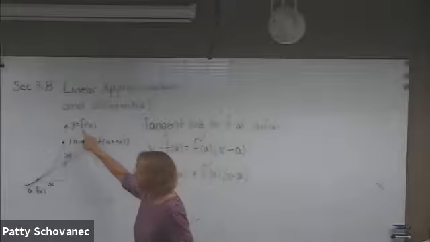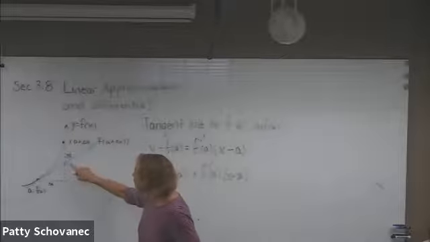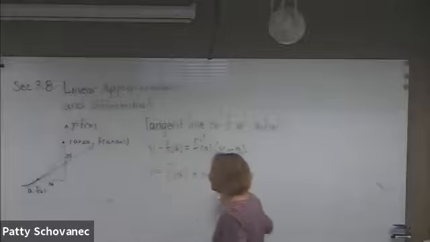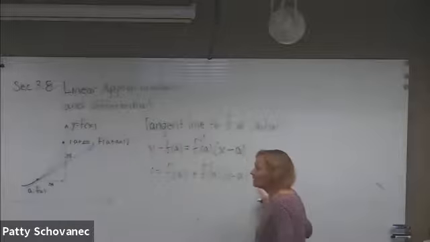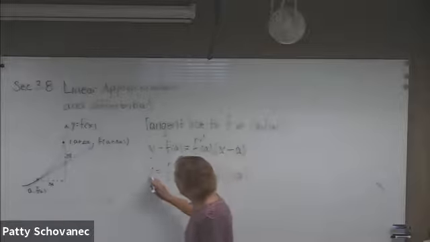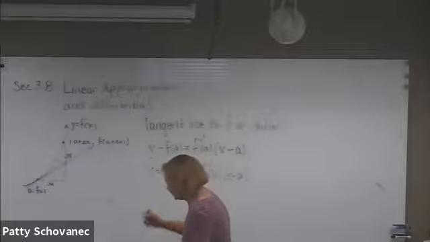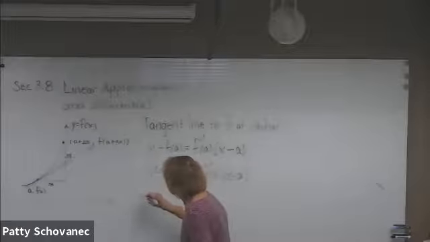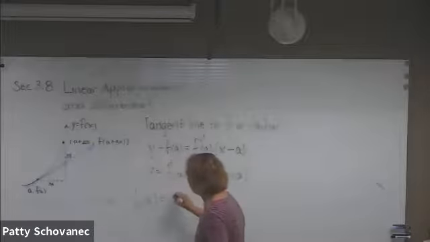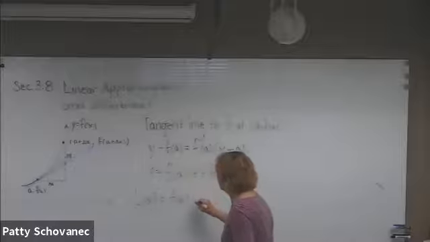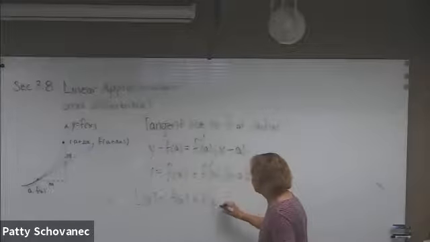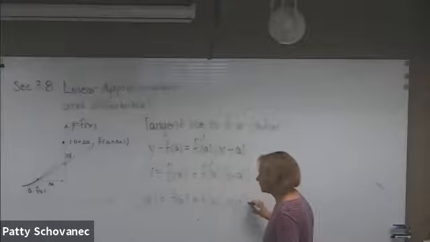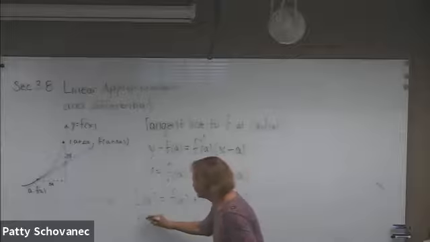If I want to find the value of f at a messy number, I can just find the point on the tangent line at that messy number, and it gives me the approximate value there. So we're going to call this y value here the linear approximation to f at any x. This is our linear approximation.